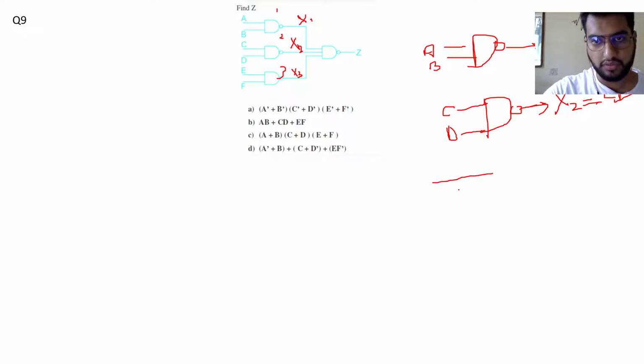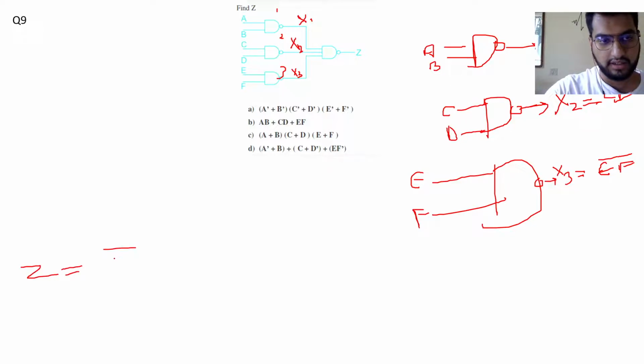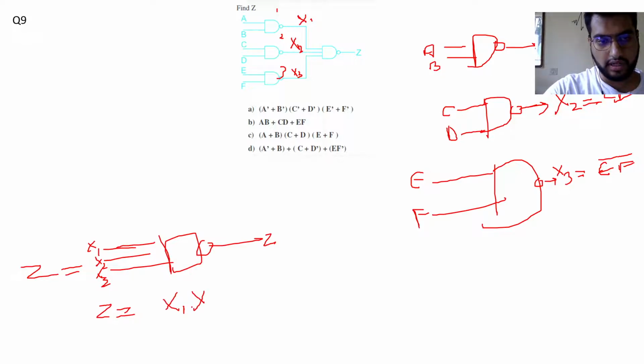Then we have this third gate with inputs E and F, so x3 will be equal to (EF) bar. Now Z is a 3 input NAND gate with inputs x1, x2, and x3, so Z will be simply equal to (x1 x2 x3) whole complement.